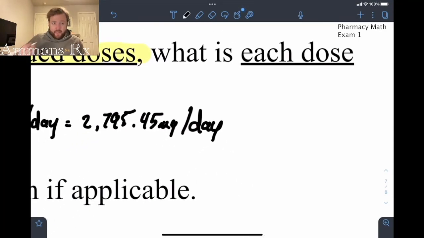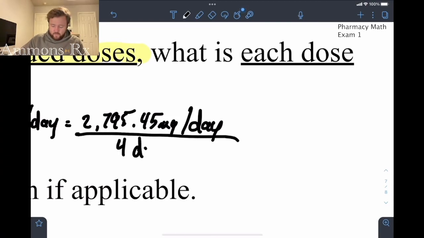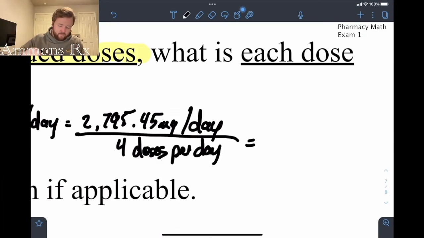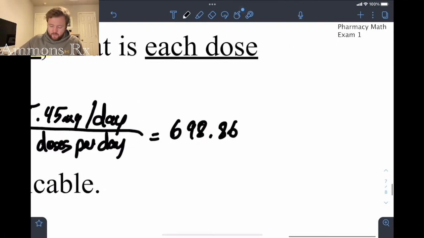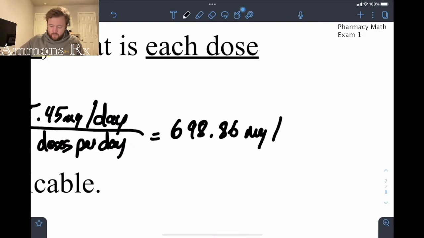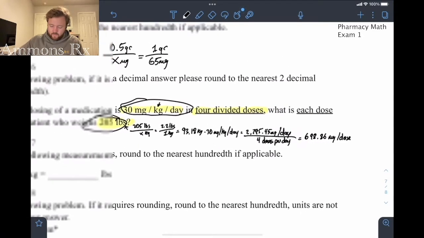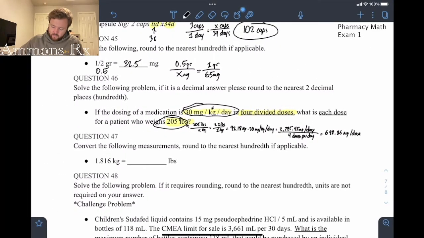So meaning that day has 4 doses in it. So it'll be divided by 4. 698.86 milligrams per dose. I think that's what it was asking.